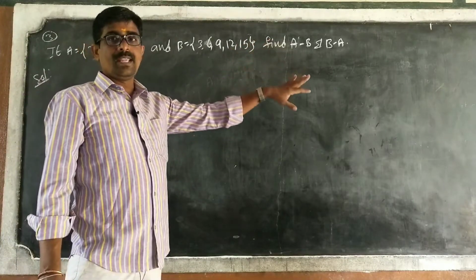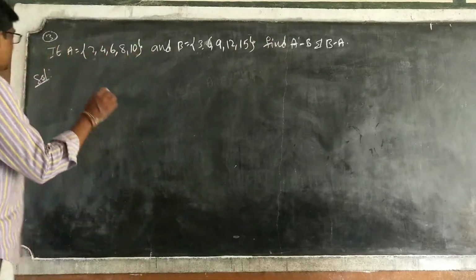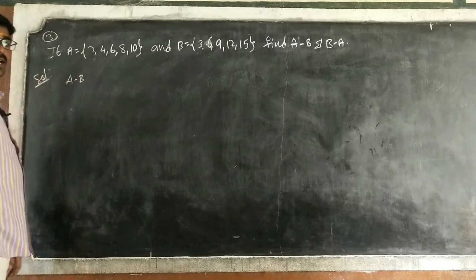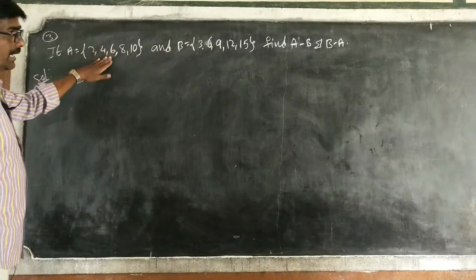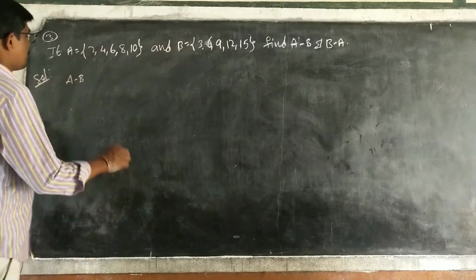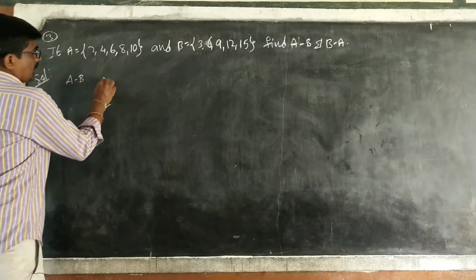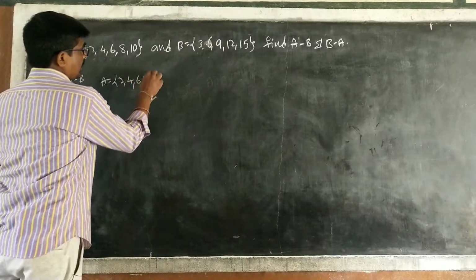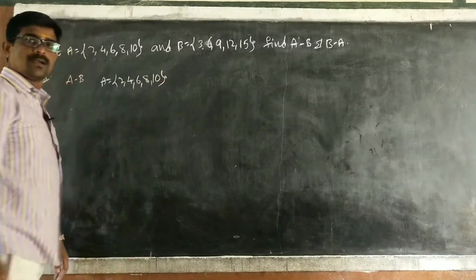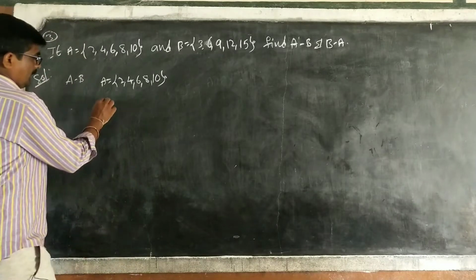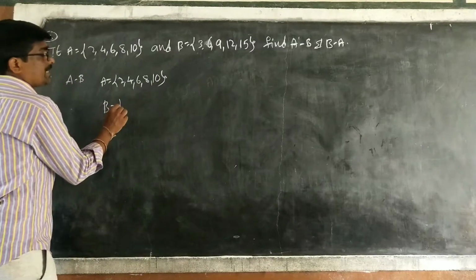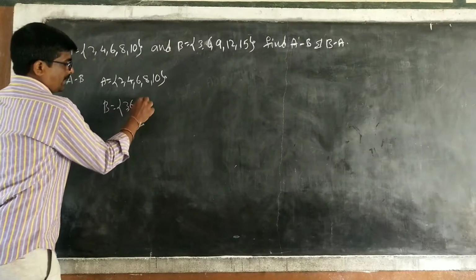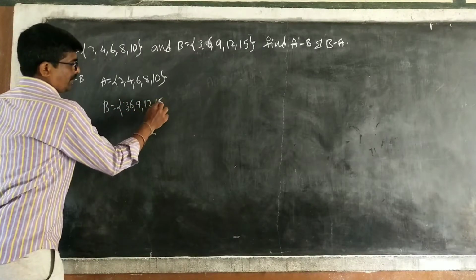Find A minus B and B minus A. First I am going to find A minus B. A minus B means the elements which are in A, not in B. So first I am writing A is equal to {2, 4, 6, 8, 10}, and set B is equal to {3, 6, 9, 12, 15}.